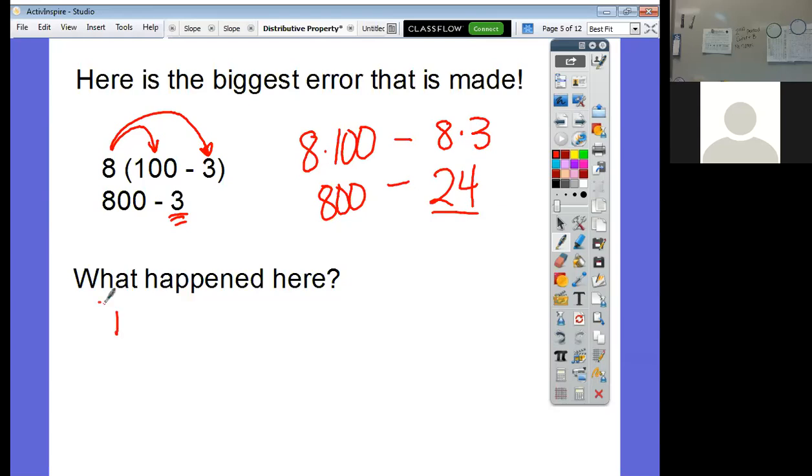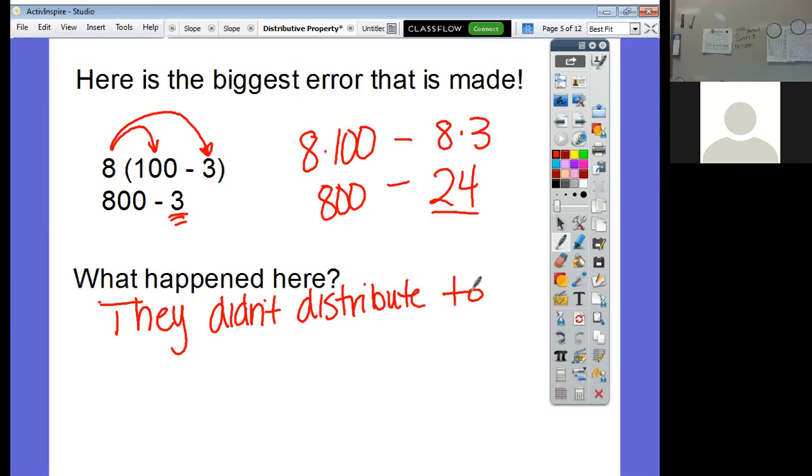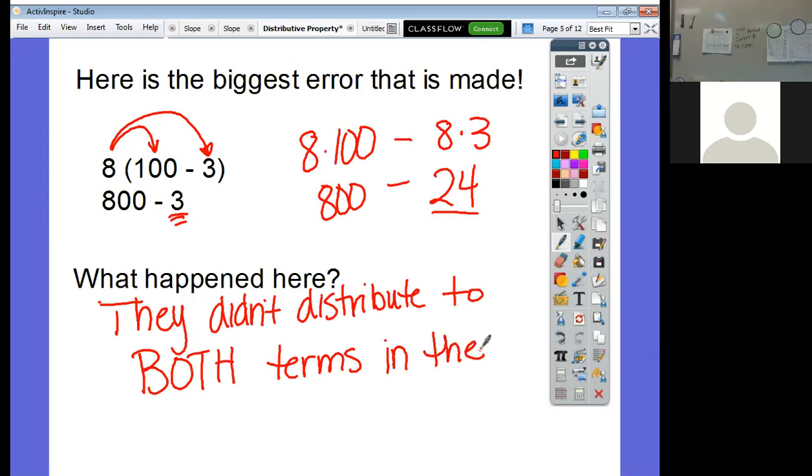So they didn't distribute to both terms in the parentheses. I'll tell you what a term is in a minute.